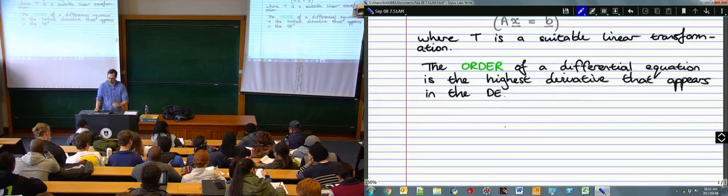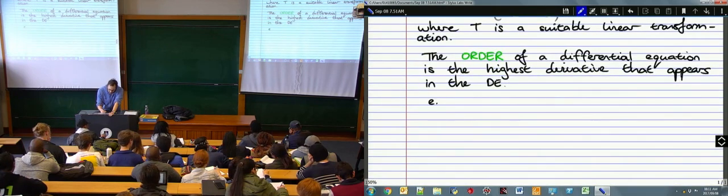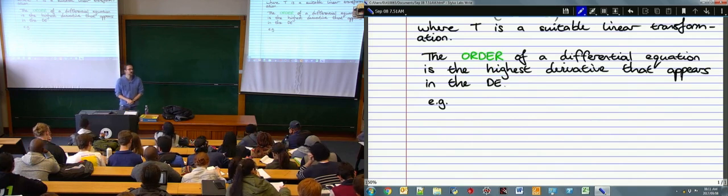Maybe it's just worth writing down a couple of differential equations and saying whether they're first order, second order, and so on.